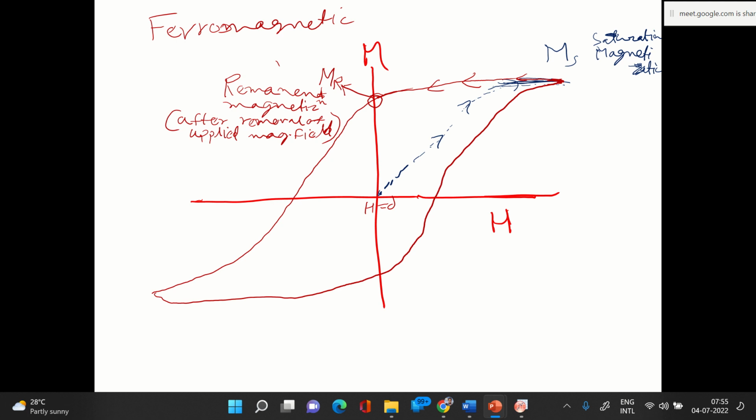So you will need to apply a much greater magnetic field in the reverse direction, in the minus H direction, to get zero magnetization. This is what we call HC. This point where what happens?